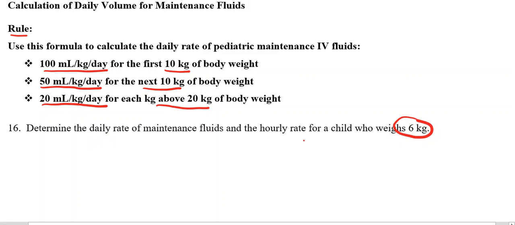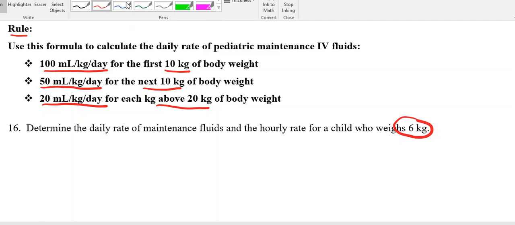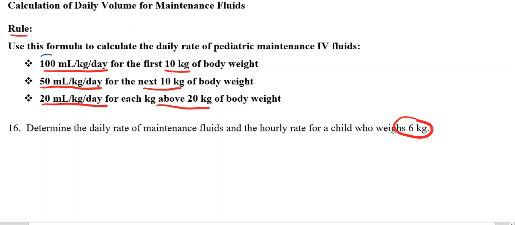Since she's less than 10 kilograms, we're only going to use this first set: 100 milliliters per kilogram per day for the first 10 kilograms. But I'm going to use her weight instead of the 10, since it's anything within that first 10 kilograms.